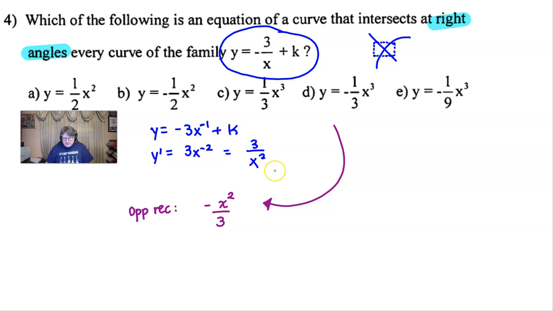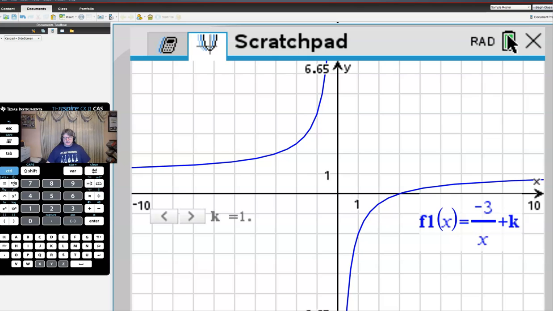Now, I do want to spend just a moment, and I might end up giving away the answer if I'm not real careful, but I'm going to go into the TI-Nspire just super quickly and adjust my window here just a little bit. I think you guys can see this okay.